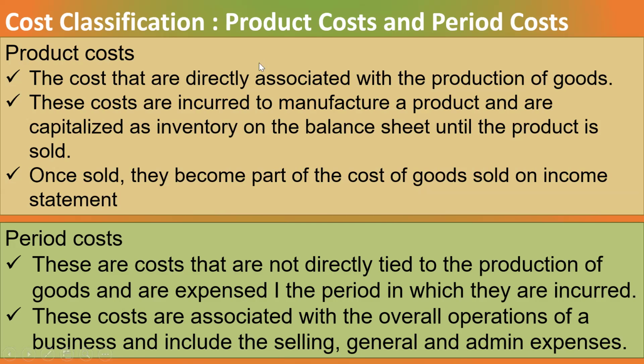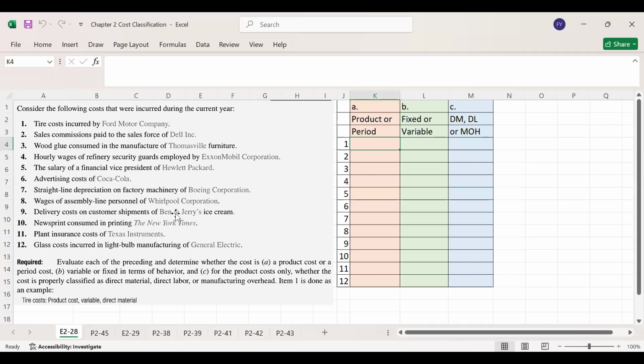So let's discuss it with an example. This example is from the Managerial Accounting book, written by Ronald Hilton. This is from chapter 2, exercise number 2-28. Here we have this example.